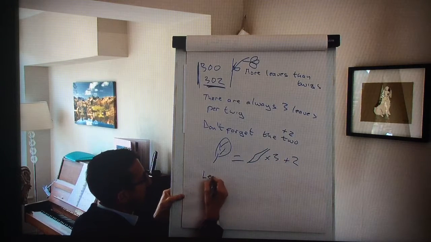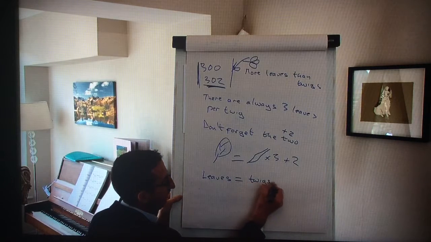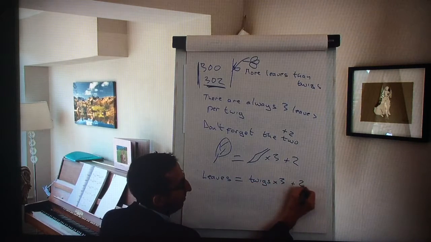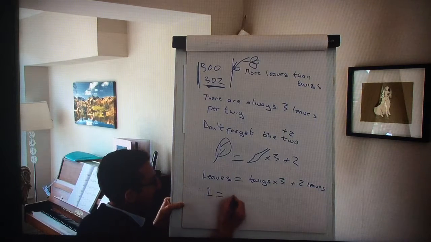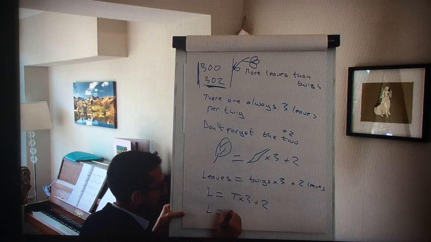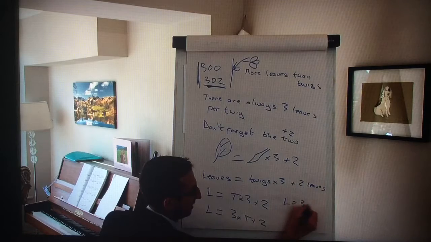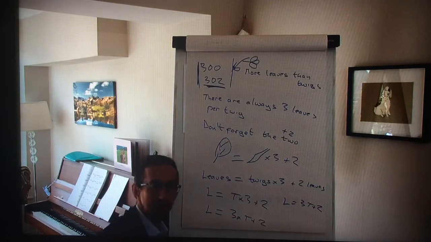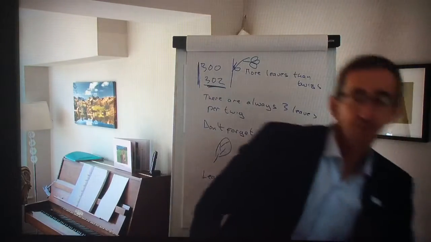Some will say leaves equal twigs times 3 plus 2 leaves. Others will do variations of L equals T times 3 plus 2, L equals 3 times T plus 2, L equals 3T plus 2.